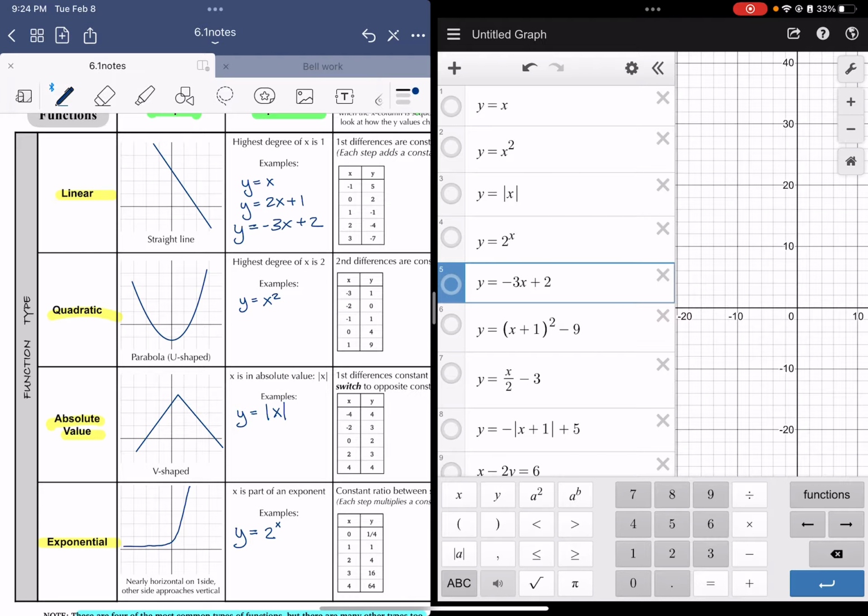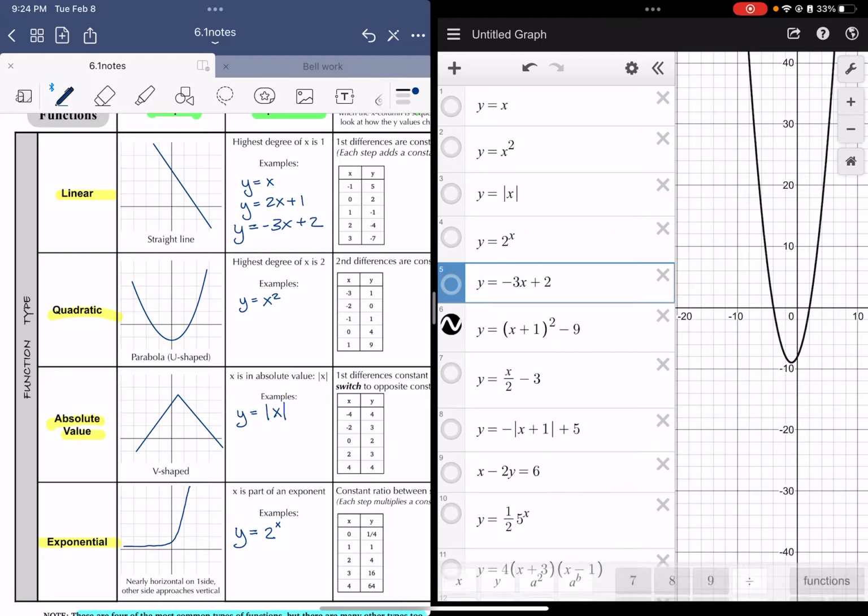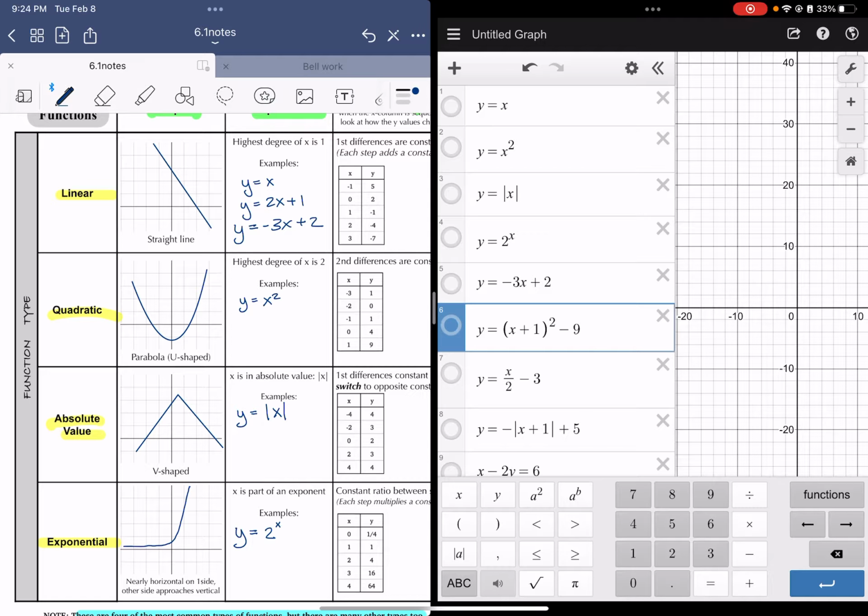All right, next one. Hopefully you guys are familiar with this one. It's got x plus 1 in parentheses squared and then minus 9. So that square on the outside of the parentheses is going to square our x, which means the highest degree of our x is 2.